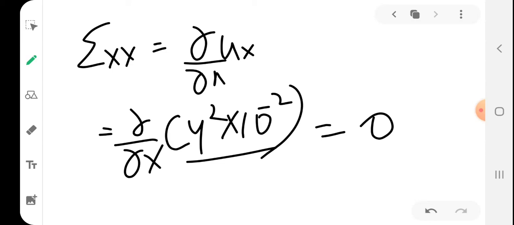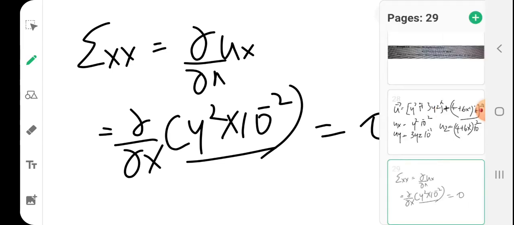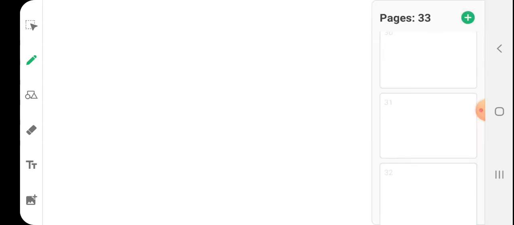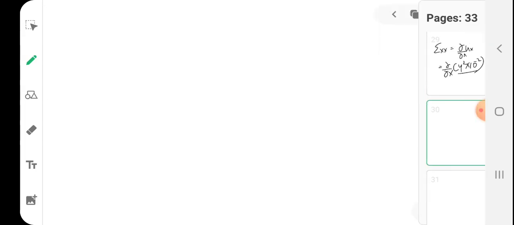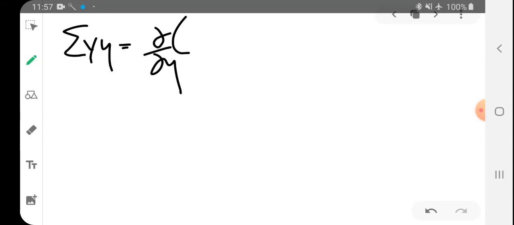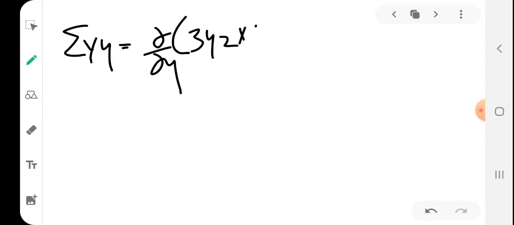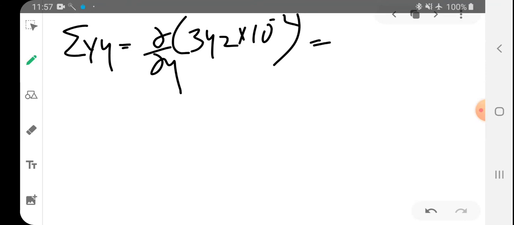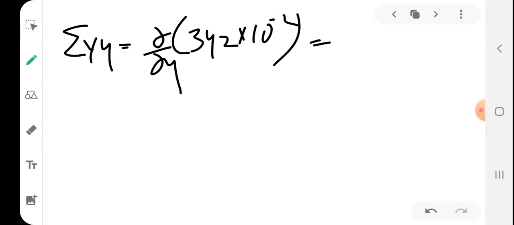Similarly, epsilon yy equal to dou by dou y of 3yz into 10 raised to minus 2. Since y is there, we can write it as 3z into 10 raised to minus 2, right?